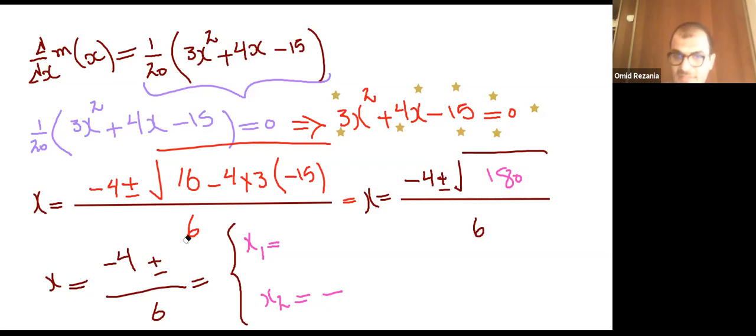Okay, let's take this to 13. Now x1 becomes minus 4 plus 13, which becomes 9 divided by 6, and also minus 4 minus 13 becomes minus 17 divided by 6. These are the roots that we just get for this equation.